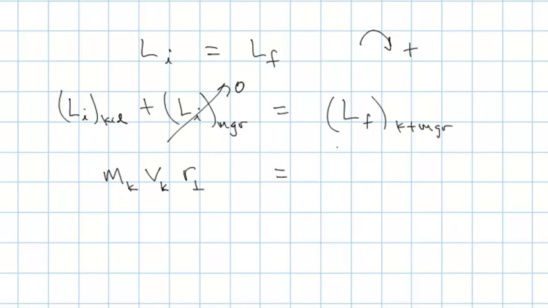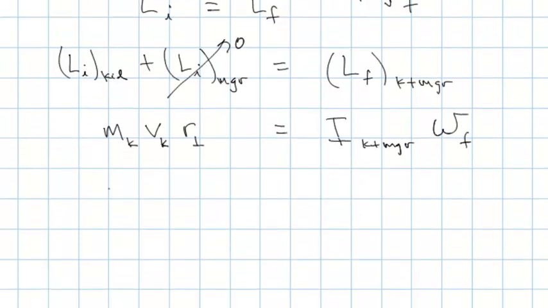And at the end, it's I of the system times omega final. R perpendicular is just the radius of the merry-go-round. I of the kid plus merry-go-round is going to be I of the kid plus I of the merry-go-round.